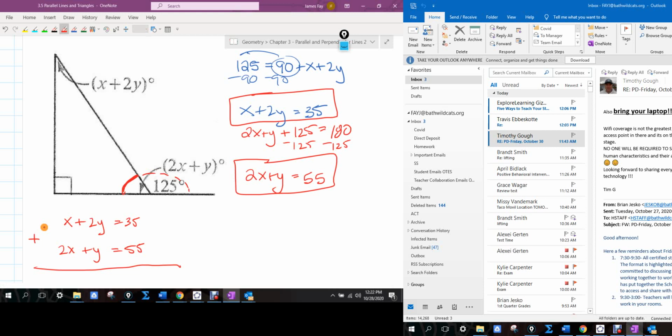I still have two variables, and the purpose of this process is to get rid of one of the variables. So what do I need to do? Multiply what by 2? 2. Top one by negative 2. Because that's going to generate negative 2x minus 4y equals negative 70.